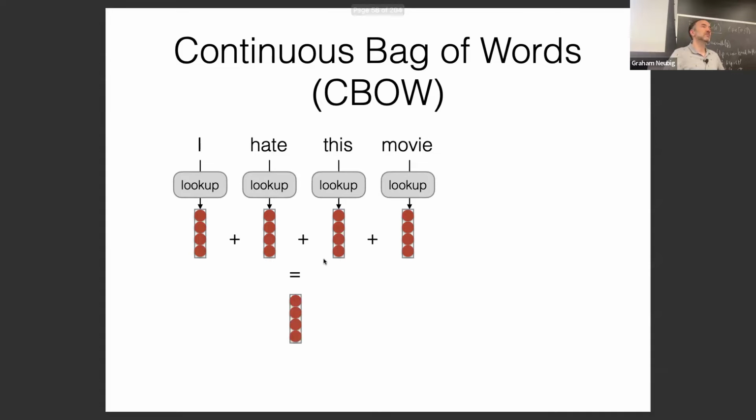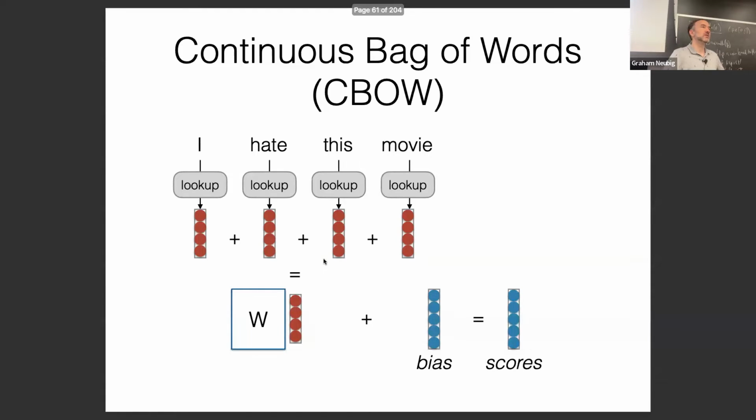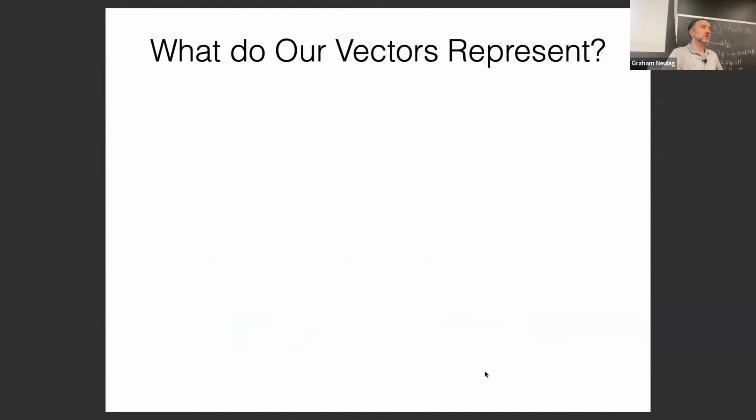You add them all together, and this gives you a sentence embedding for the whole sentence. Then you multiply the sentence embedding by a matrix and add a bias, and that gives you scores for whatever classification task you want to do. If it was binary, you'd only get one score. If it was five class, you would get five scores. So that's in contrast to the bag of words model.